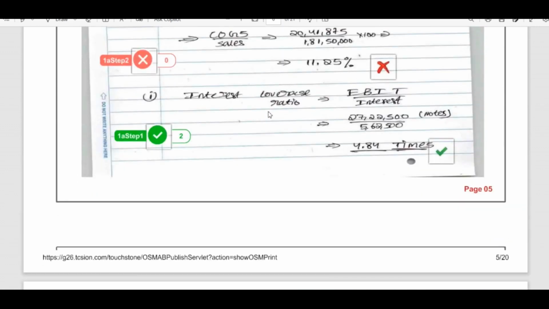For example, interest coverage ratio. If a person is earning 5 lakhs salary per month and paying 1 lakh interest, he is covering the interest about 5 times from his income. This means how much his income is able to cover the interest.